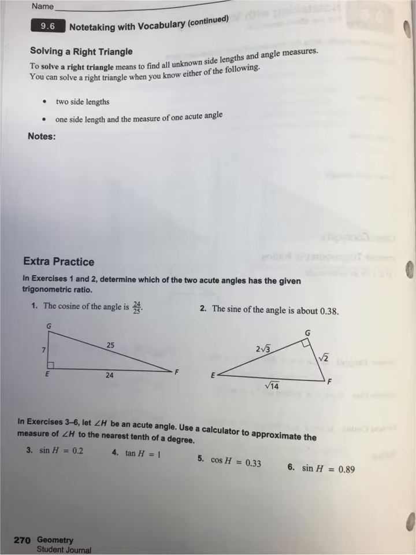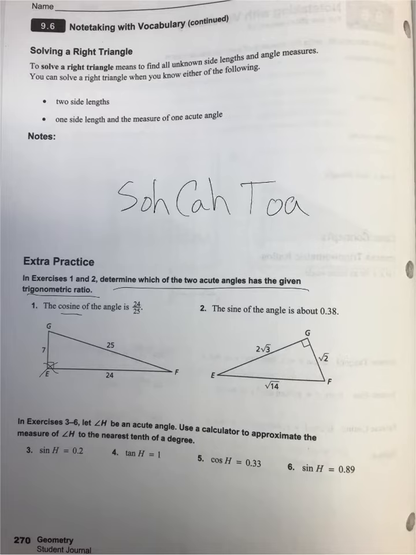Look at extra practice number 1. The cosine of the angle is 24/25. It says determine which of the two angles has the given trigonometric ratio. So which angle? It's either G or F. Remember, we are not ever using the 90-degree angle mark. Cosine in SOHCAHTOA is the adjacent leg over the hypotenuse.